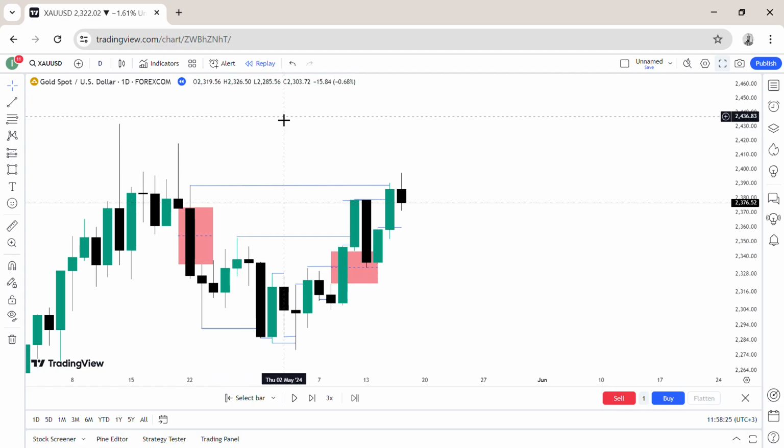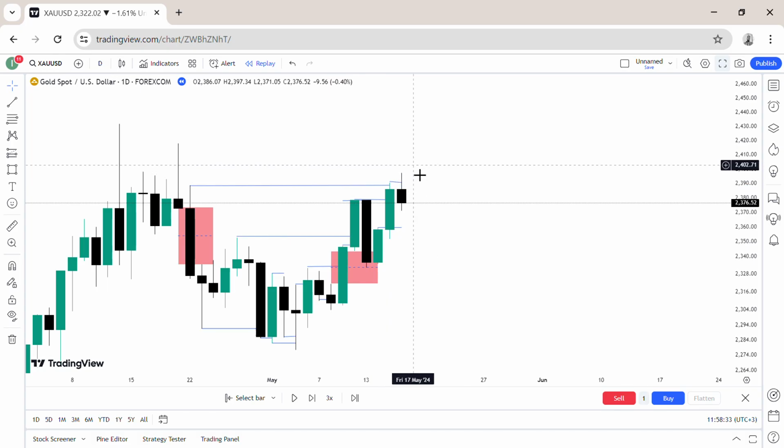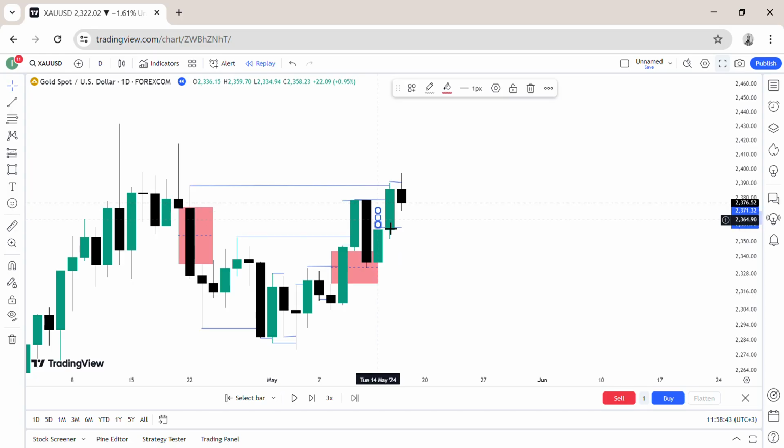Okay. So now let's have a look at this. The price traded to the previous day high with the wick, there's no candle closing above, and the day closed bearish. And as you can see, there is a fair value gap right there.